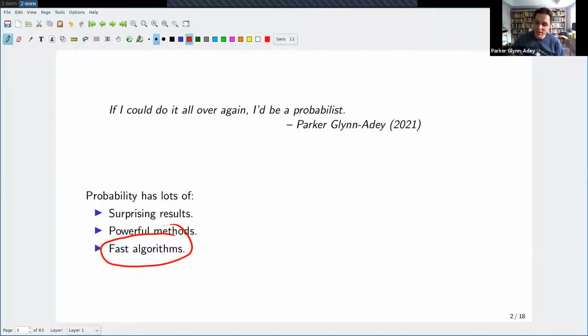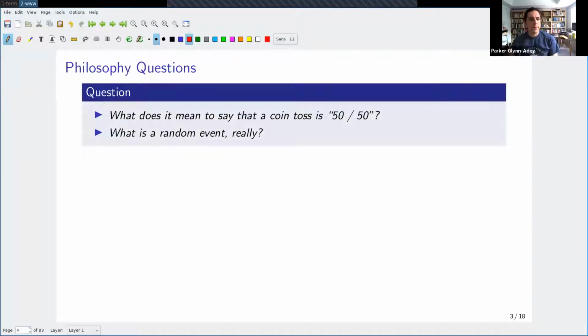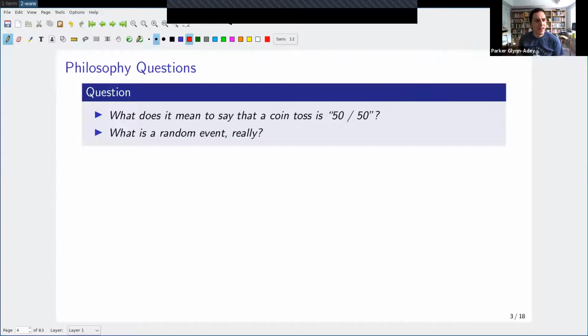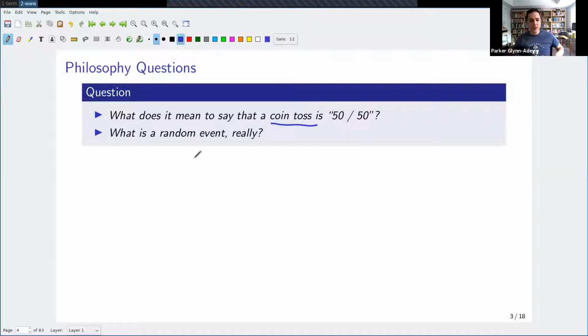And we're going to focus in on a particular kind of thing. But I think one of the coolest things about probability is that it's philosophically weird. We say that a coin toss is 50-50, right? If we take a coin and flip it, we say it's equally likely to land heads or tails. But what does that really mean about coin tosses?